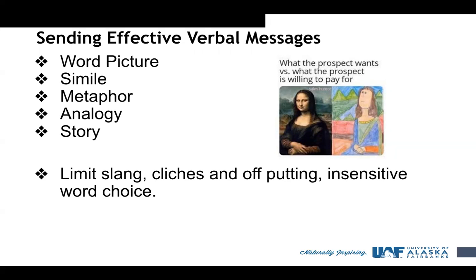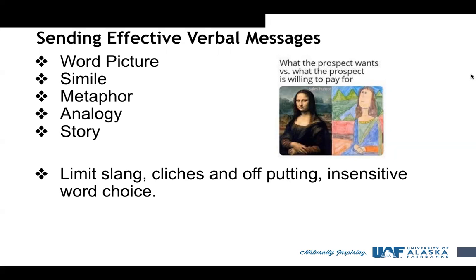Similes, metaphors, and analogies are all basic ways that we are serving a purpose that two things are similar, right? So a simile specifically is a figure of speech, usually uses like or as, and that makes a direct comparison, showing similarities between two things that are very different.